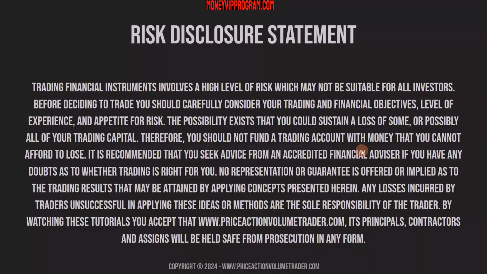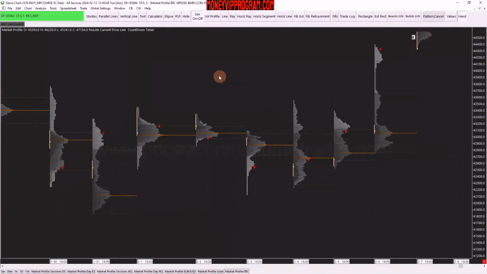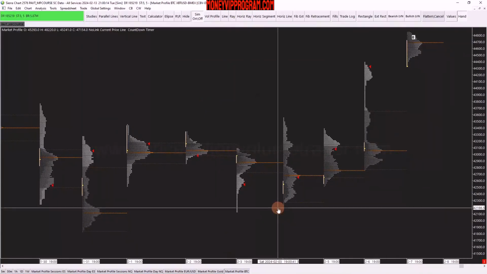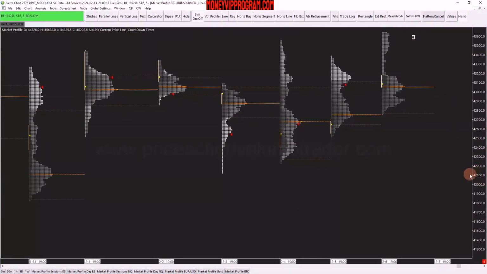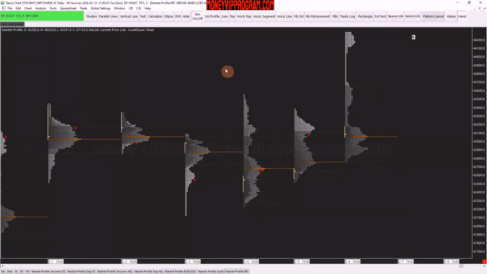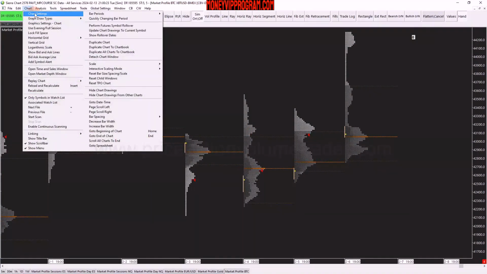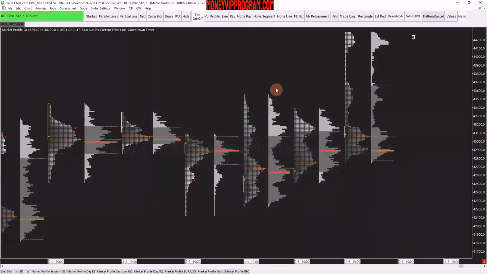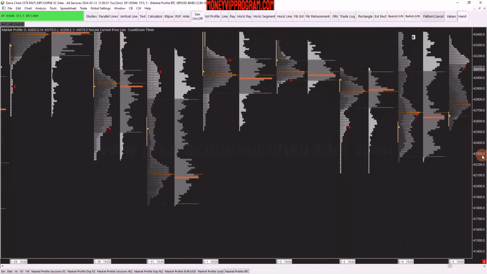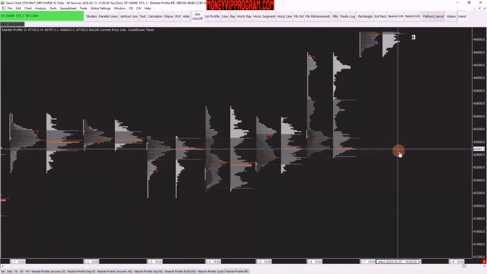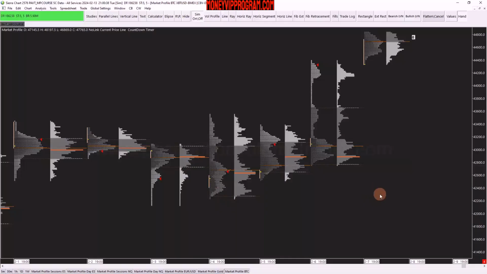And if we go into Sierra Chart, just showing you here, this is a chart of the Bitcoin market. So these are 24-hour market profiles for Bitcoin. If I go into chart analysis studies, I'm going to enable the volume profiles, and now we have our TPOs with the corresponding volume profiles.